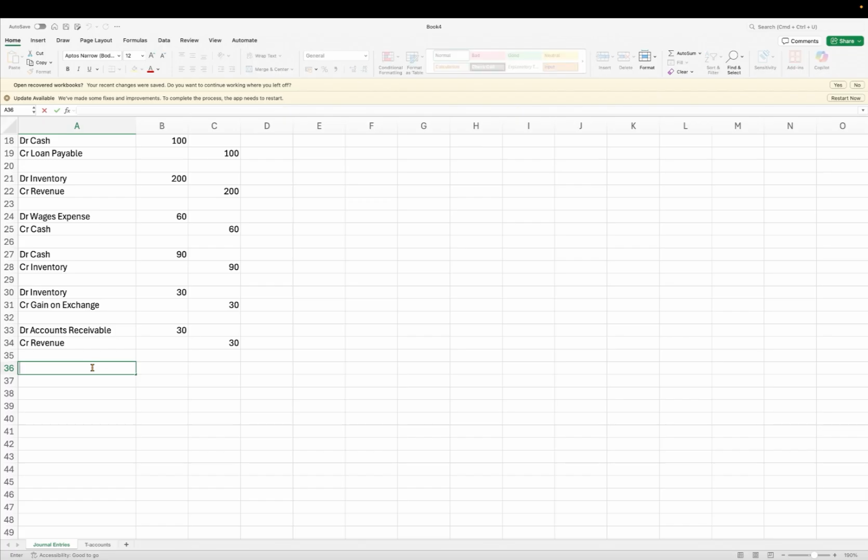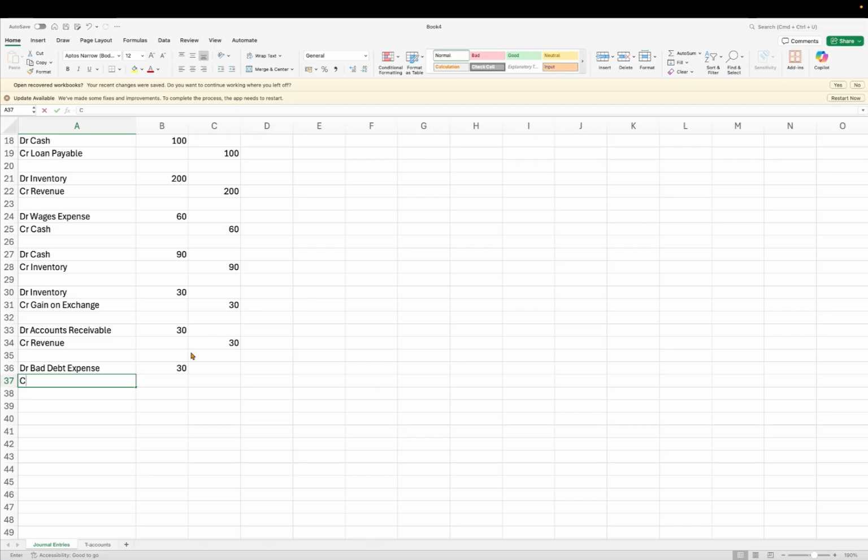So for the new transaction, we mark this bad debt. More exactly, bad debt expense, right? Expenses increase with debit, so we debit it this way.